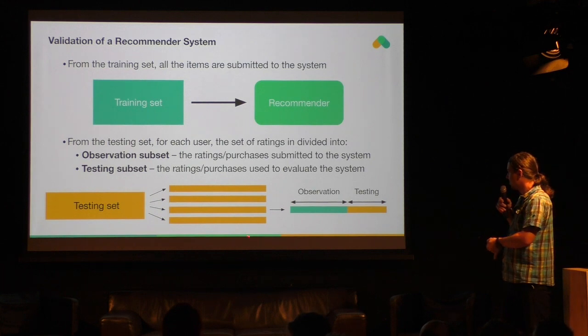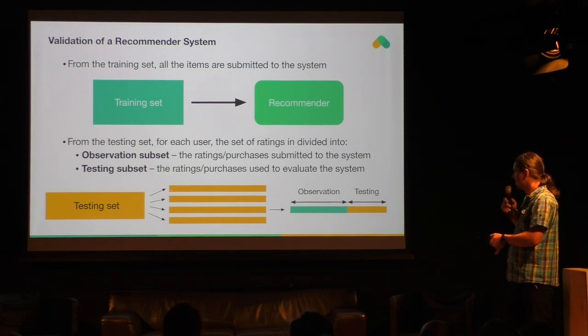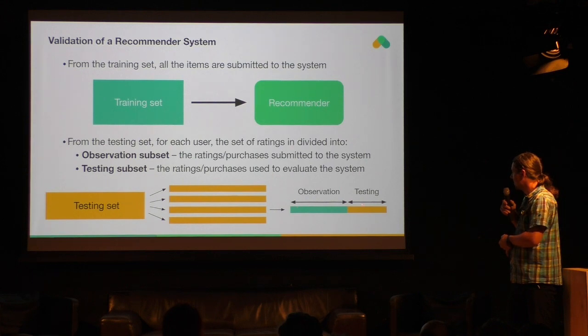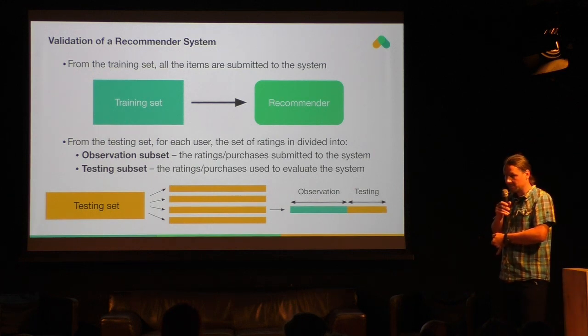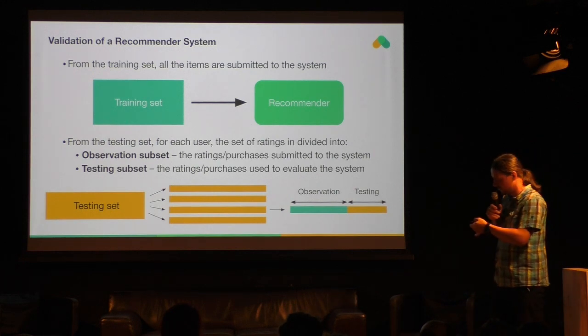We can also divide the interactions of individual users: you present some to the algorithm, and then you verify on other interactions which were not seen by the algorithm. This is the typical setup.